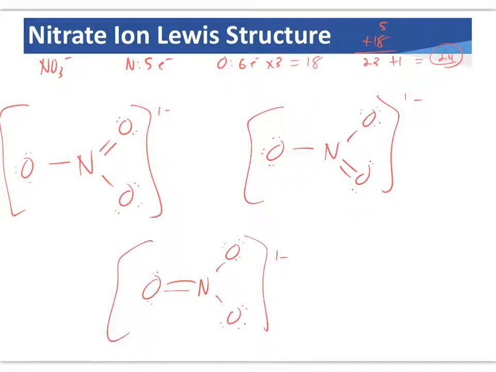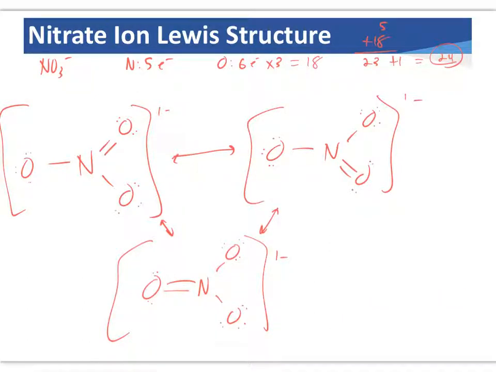These are 3 structures that are approximately equivalent. They just have the double bond in a different location, and these are called resonance structures. Typically with resonance structures, we draw a double-headed arrow between them. If we could draw them in a line, 1, 2, 3, with a double-headed arrow in between. It doesn't matter. The key here is I have 3 resonance structures.